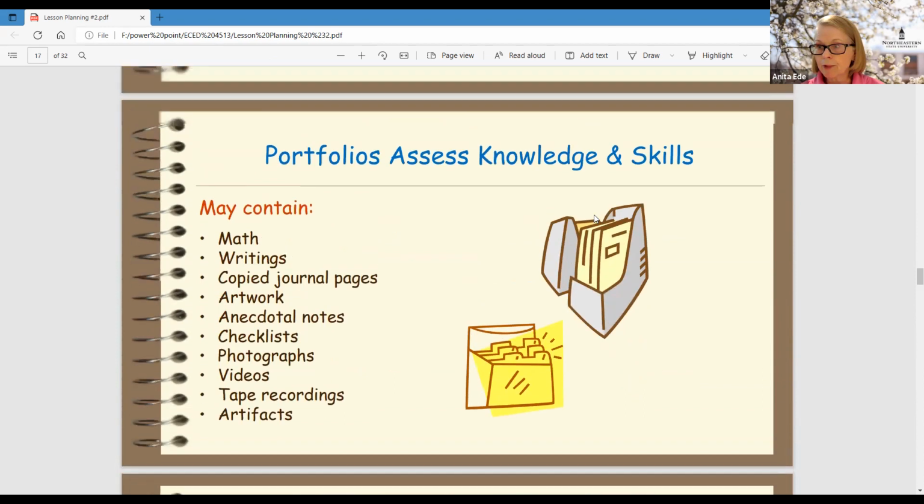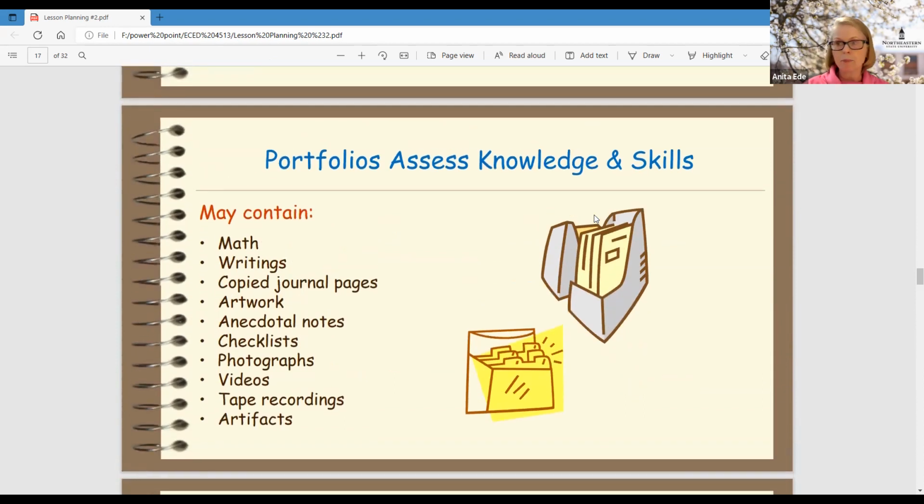Okay, I'm a big fan of portfolios because portfolios give us a bigger picture than just a test score. So get yourself some manila folders and just put things in as you go along. I would put a math paper in every week. I'd put an example of a writing assignment in every week.